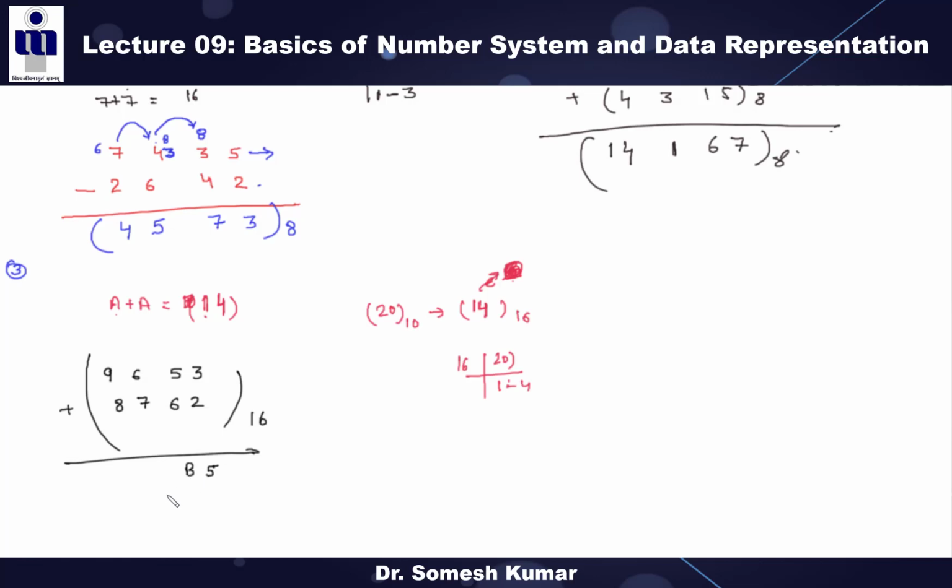B. And what is 6 plus 7? D. What is 9 plus 8? 11. Clear? This is 1 1. So don't write it as 11B. This is 1 1.